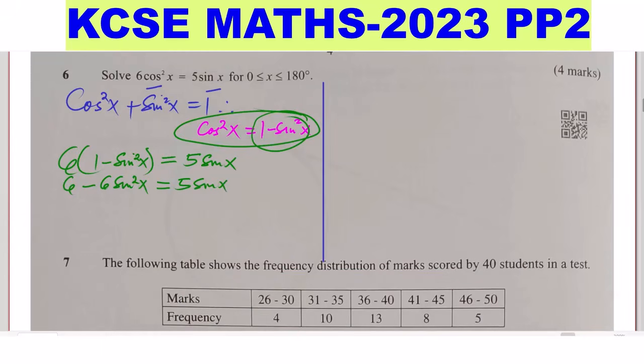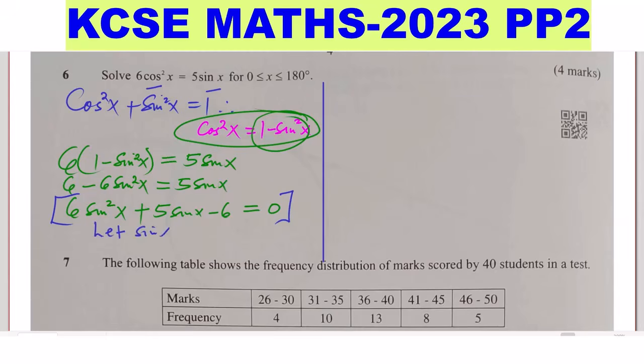Taking everything on the left-hand side to the right-hand side, you will have 6 sine squared x plus 5 sine x minus 6 equals 0. Notice that this is a quadratic equation, and you can substitute sine x with a letter like y so that you can solve it easily.